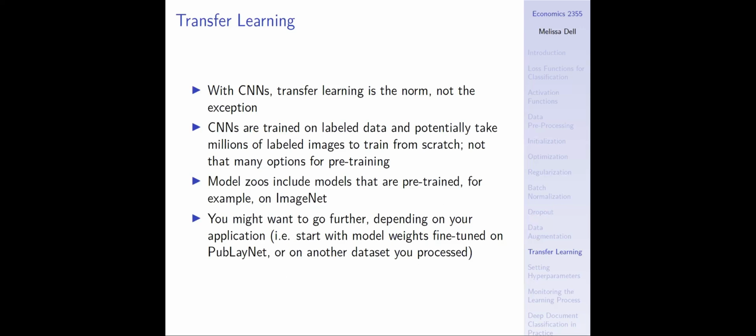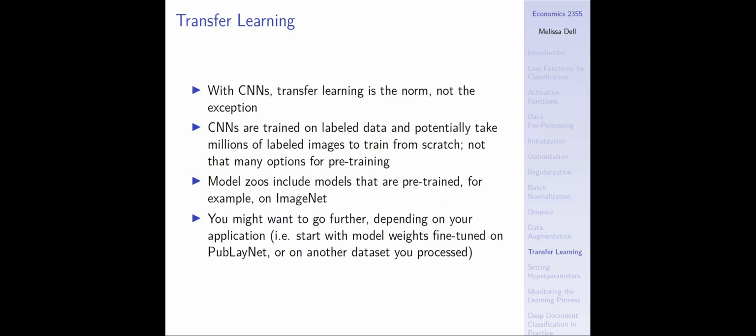You might also go further than this. Let's say you're doing object detection on documents. You might want to start with model weights from PubLayNet, which is a benchmark data set for document object detection. PubLayNet itself took the pre-trained weights from ImageNet and then fine-tuned them to work better on documents.